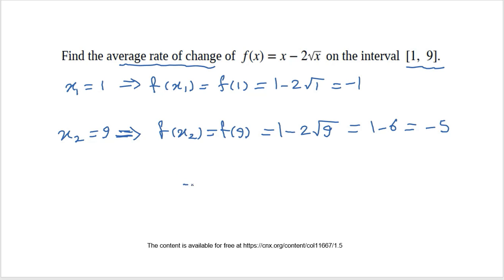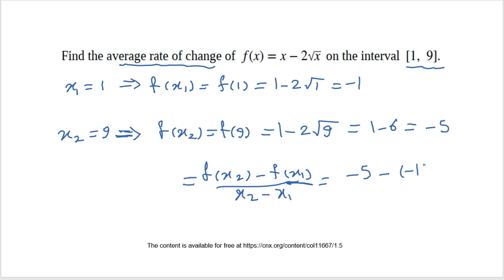So average rate of change is equal to f of x2 minus f of x1 over x2 minus x1, and that's equal to 3 minus negative 1 over 9 minus 1. So it's equal to 4 over 8 is equal to 1 over 2.